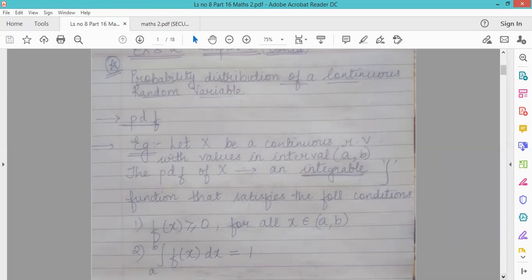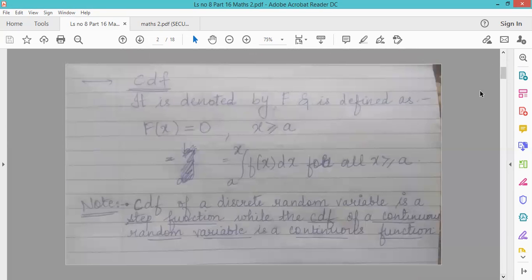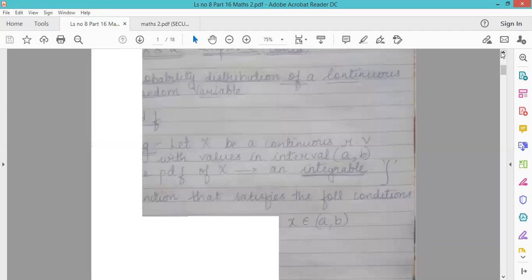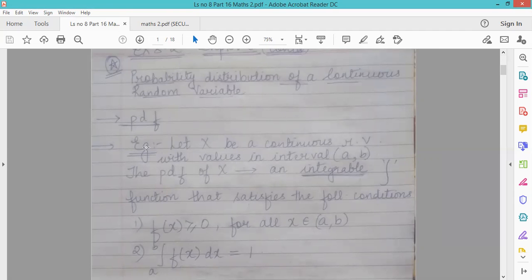So whenever we are going to find probability distribution of a continuous random variable X, it will be in the form of integration like this. So these two conditions should be satisfied. Number one, f of x should be greater or equal to 0. That means it cannot be negative.